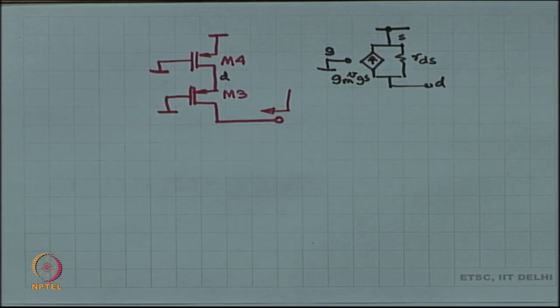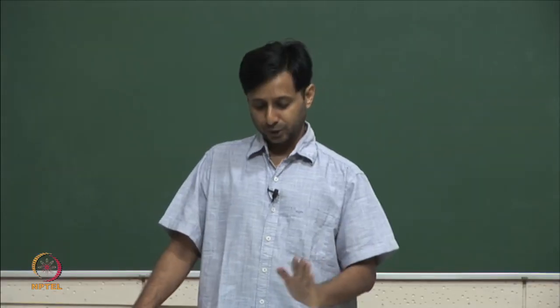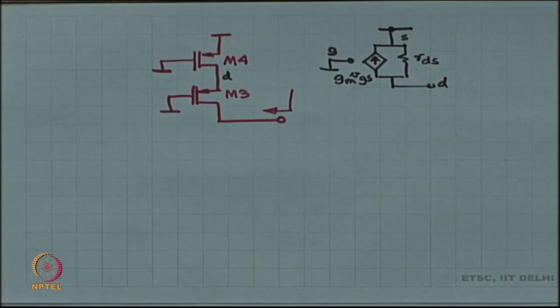This is the first time I have drawn a PMOS. The P channel MOSFET is just like the N channel MOSFET, just that the absolute current direction is reversed. The DC operating point current direction is reversed, so do not worry about that. The DC current flows from top to bottom, but the small signal picture terminal for terminal is exactly the same.